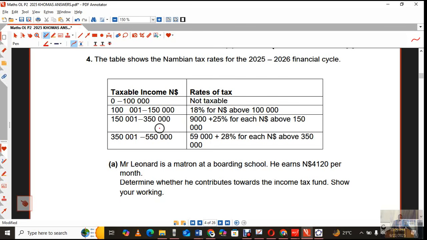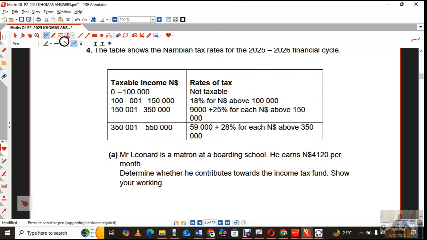Now, Mr. Leonard, he's a matron. Matrons, I don't know why they put that there. Maybe to indicate something. Maybe matrons do not pay that much. Again, I do not have anything against matrons. I'm just saying. At a boarding school, he earns $4,120 per month.